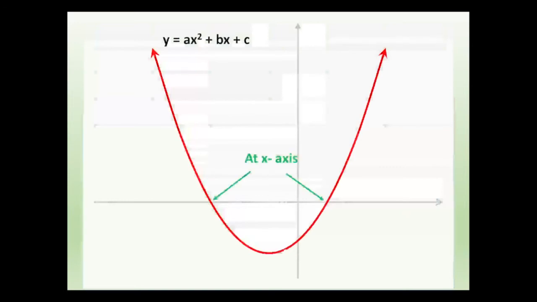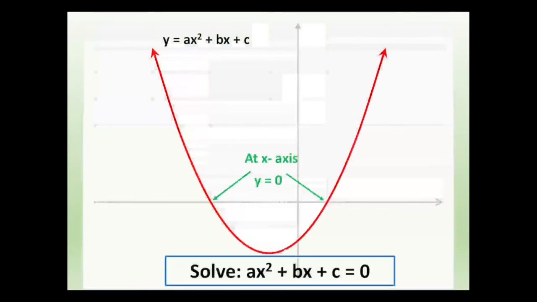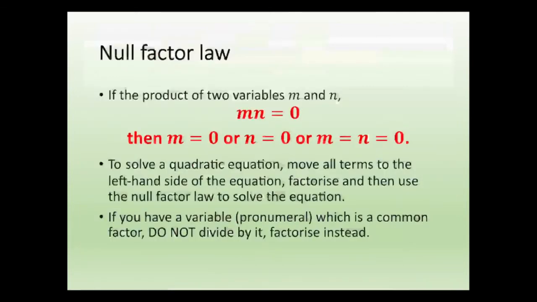If we plot y equals ax squared plus bx plus c on a Cartesian plane, we notice that there are, in this case, two x-intercepts. At the x-axis intercept, y equals 0, and therefore solving ax squared plus bx plus c equals 0 is actually solving for x at the x-intercept.